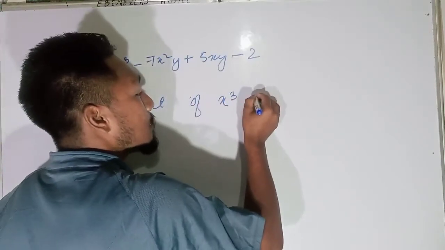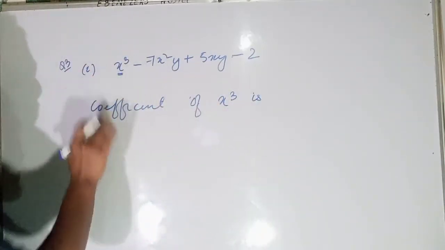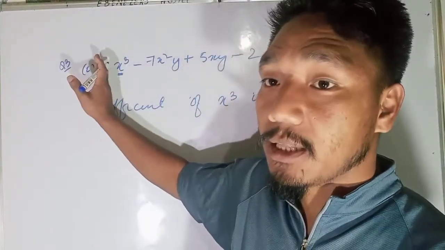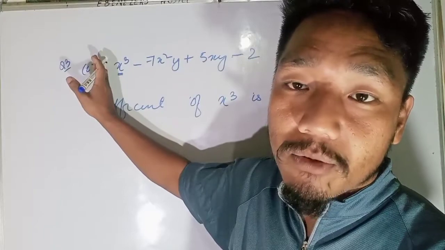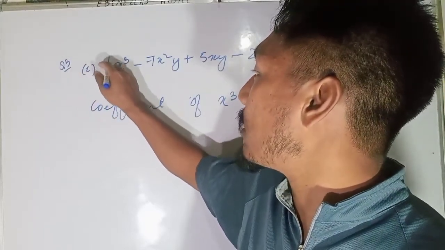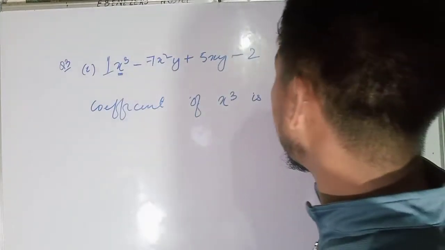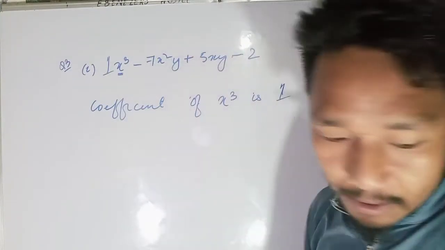We don't have anything in front of x cubed. That means we will consider there is a 1. Always remember, if you don't see any number out there, that is a 1. We don't write this 1.